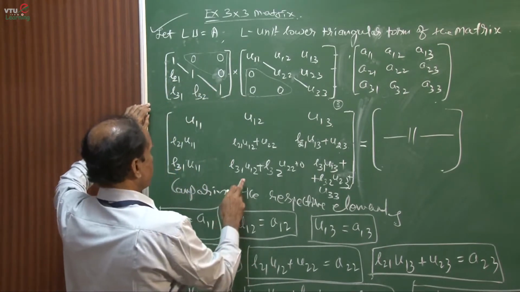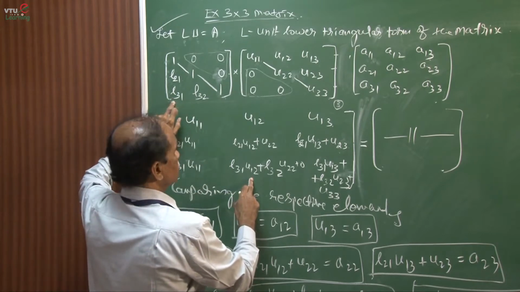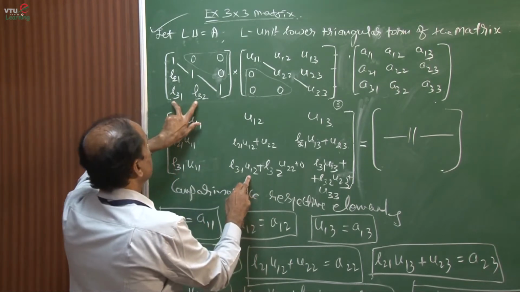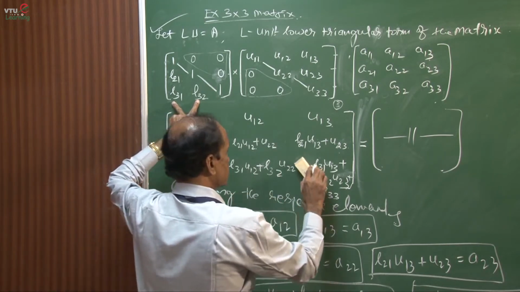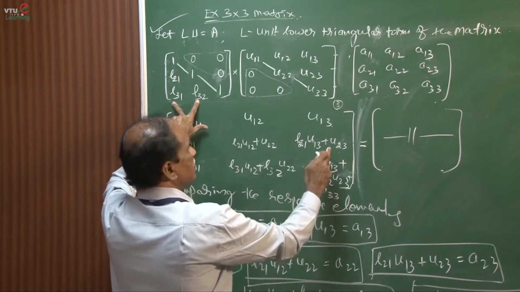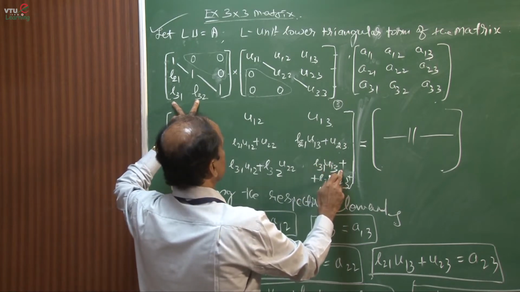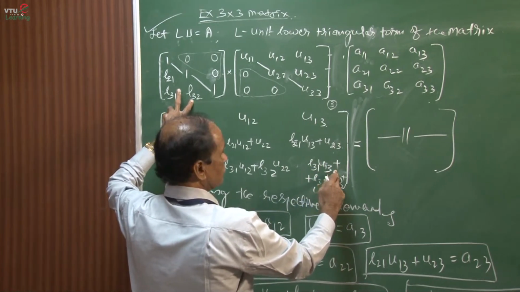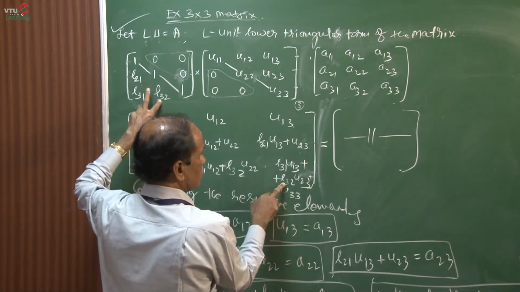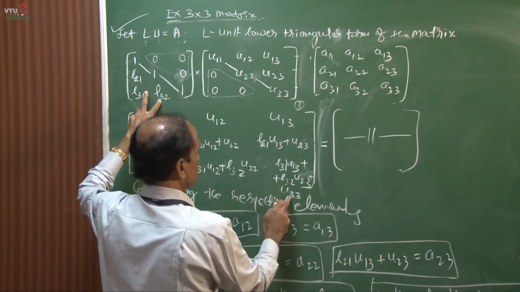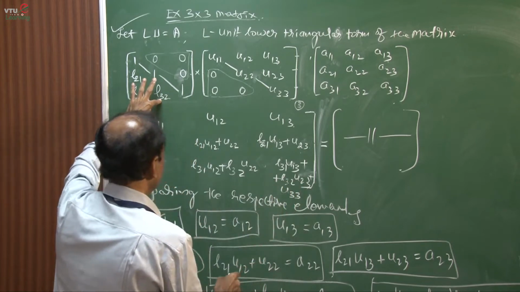Then L31 U12 and L32 U22, this 0 you can discard, and L31 U13 plus L32 U23 plus U33. So this is the third element.